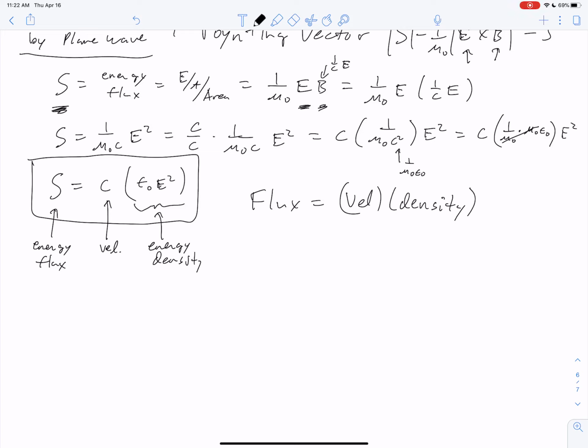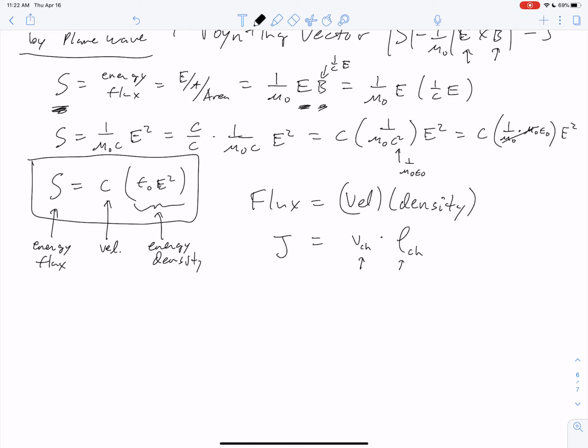For example, I could have a current flux, J, equal to V times rho. Rho is the density of charge, and V is the velocity of charge, so that's charge per volume.